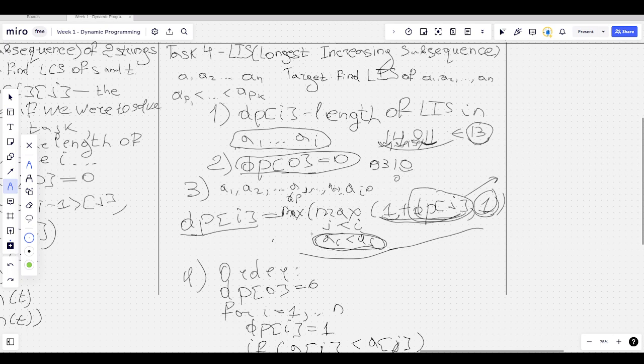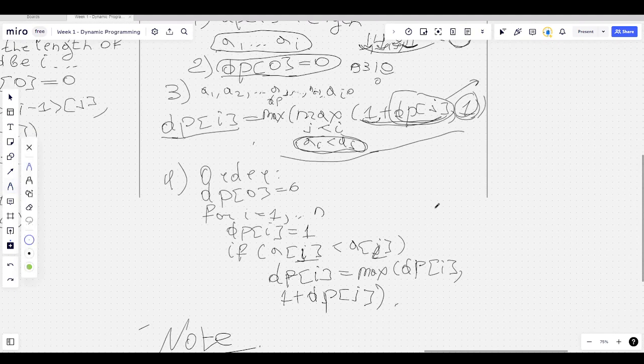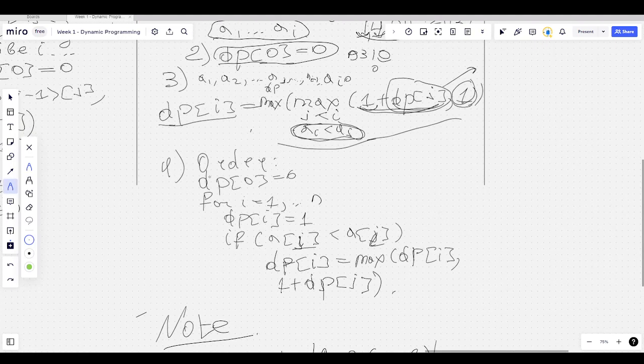Okay, I think you understand. So the order: we suppose that dp null is equal to null, and once again we fill dp e equal to 1 in the algorithm.